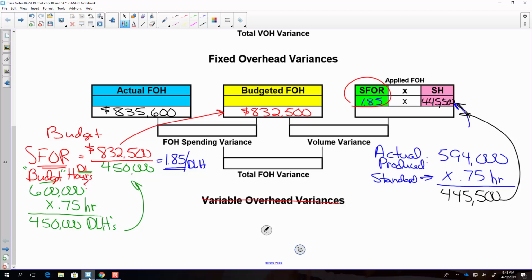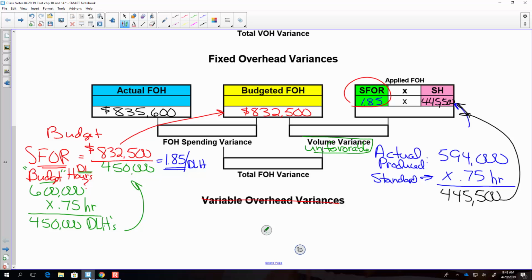So how does our volume variance look? What's the direction going to be, favorable or unfavorable? Unfavorable. Why? I'd like you to look at a different number.